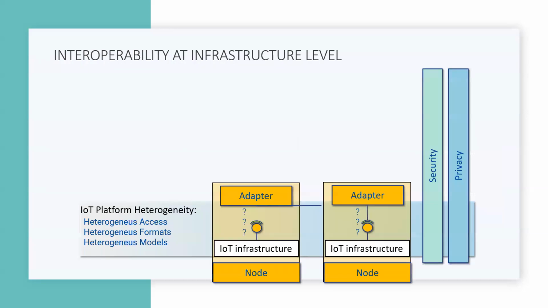So let's talk about the Aurora infrastructure. The Aurora platform receives different data from different sources. This data can be expressed in heterogeneous formats, follow any model, and can be accessed in different ways.